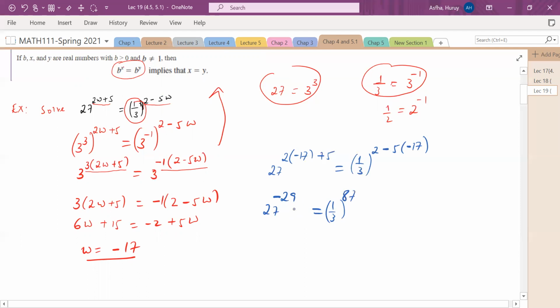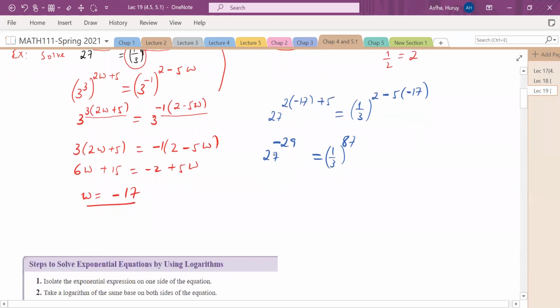They don't look like the same, but they are equal; we can rewrite this again a bit. Let's write 27 as 3 to the power of 3. So we have 3 to the power of 3 times negative 29 equals 3 to the power of negative 1 times 87, writing the fraction this way.